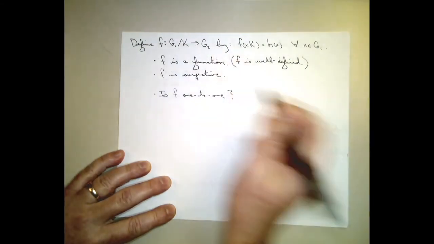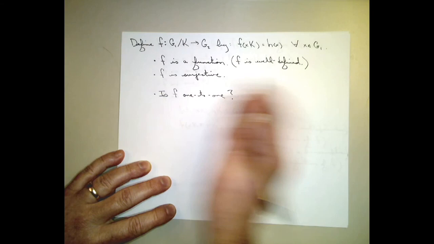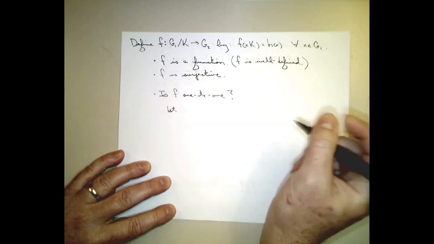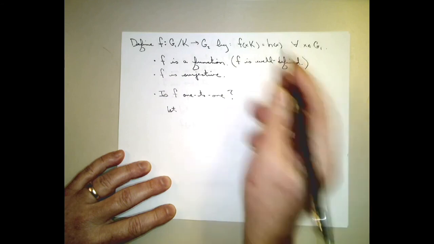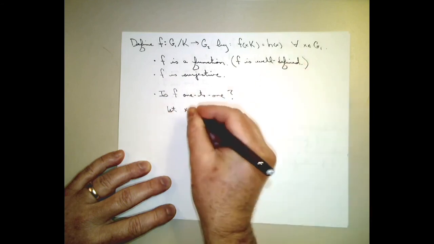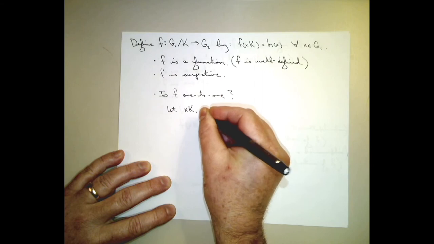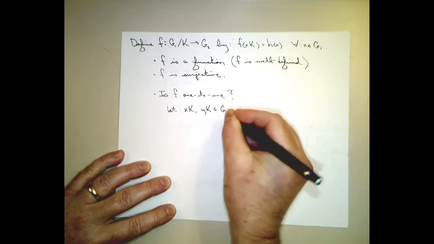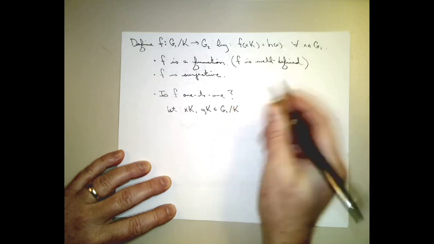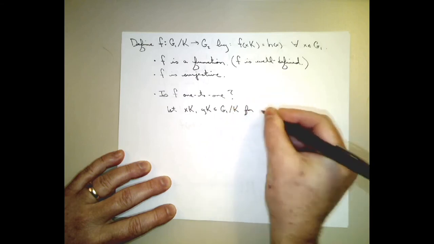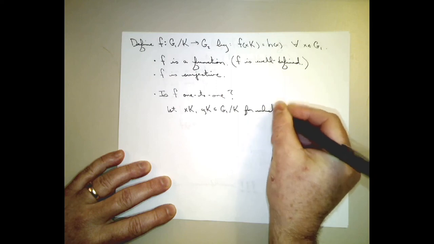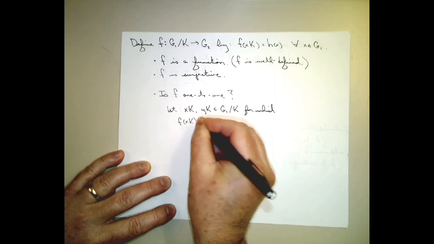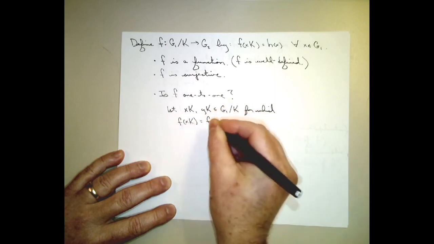So the standard way of looking at that is, let xK and yK be elements of G1 mod K for which f of xK is equal to f of yK.